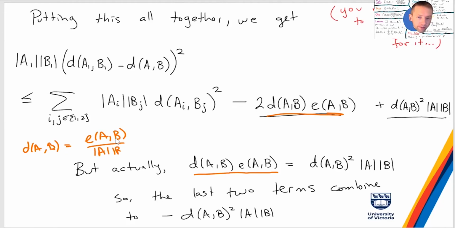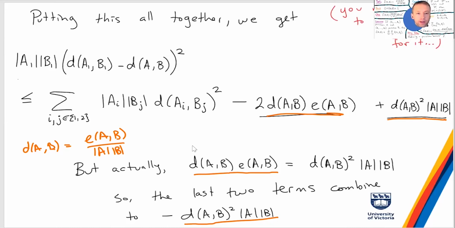If I square that and multiply by AB, what I get is the same as D(A,B) times E(A,B). So these last two terms are kind of the same, except that this one has a -2 in front of it. They all combine together to just give me this.